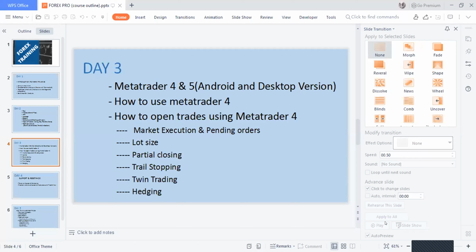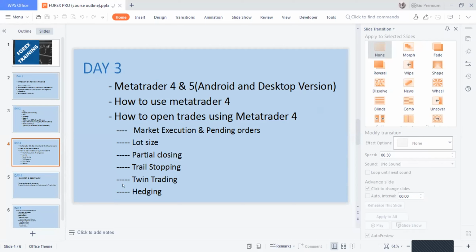Then we shall look into partial closing and trade stopping. Then, time permitting, we shall also do twin trading. I pray time permits. We shall do practicals on somebody's phone, at least somebody who has been using MetaTrader 4. So that's exactly what we shall be doing today.